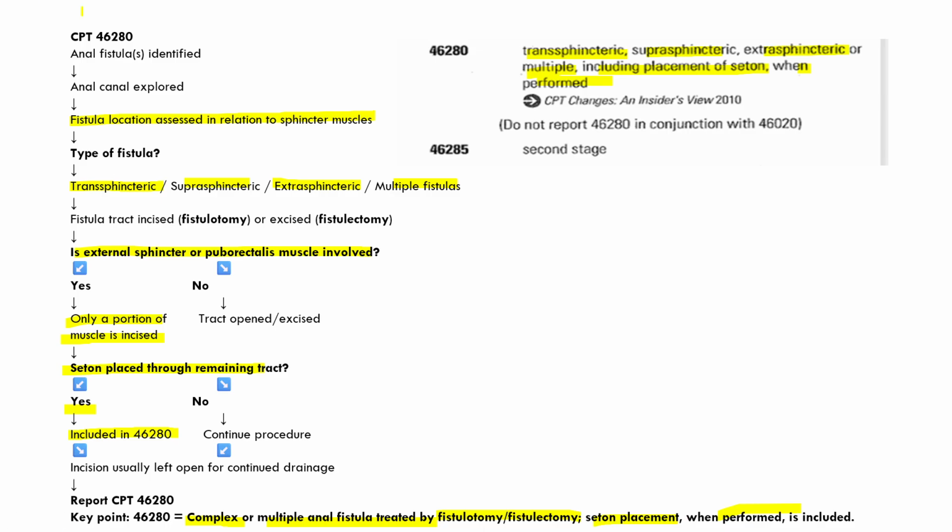So for transphincteric, suprasphincteric, extrasphincteric, multiple fistulas, he is doing the incision. Along with that, if the external sphincter or puborectalis muscle is involved and he is making an incision in this muscle area, you can code CPT 46280.